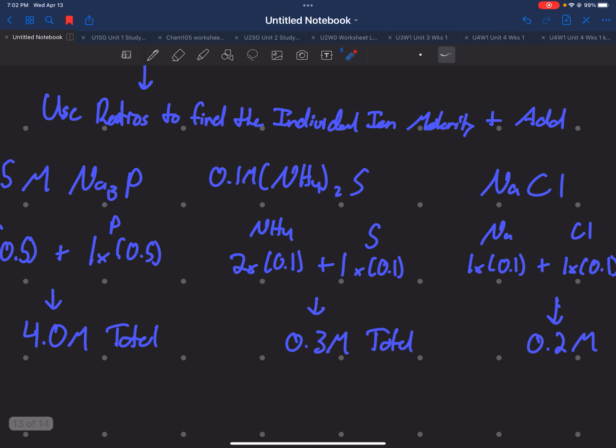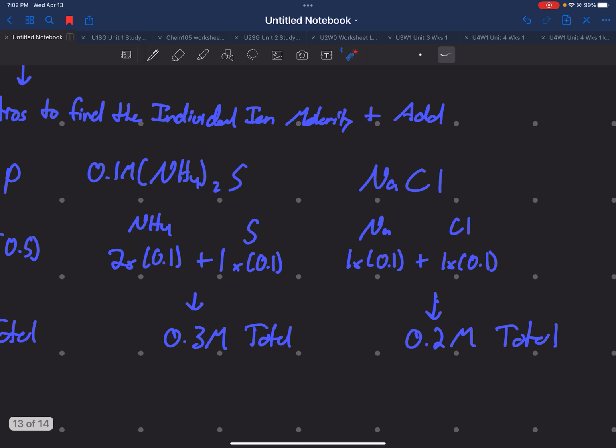Pretty much the same process over here as well. We said there were 2 NH4's, and we're dealing with 0.1 molar. So 2 times 0.1 plus there's 1 S, and the molarity was 0.1, so 1 times 0.1, and then you add them together: 0.3 molar.